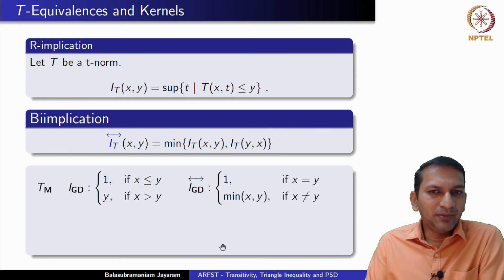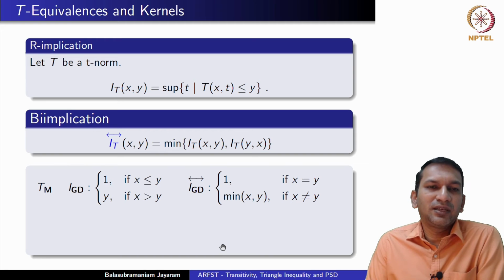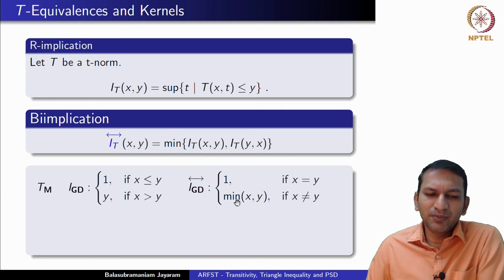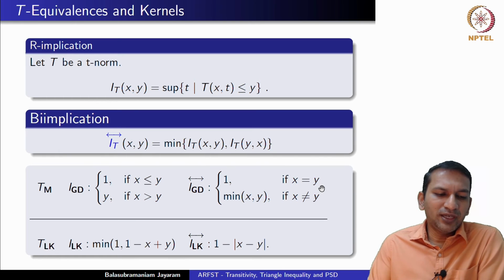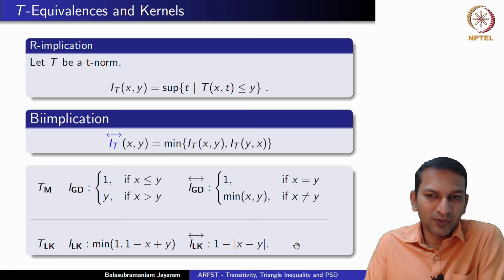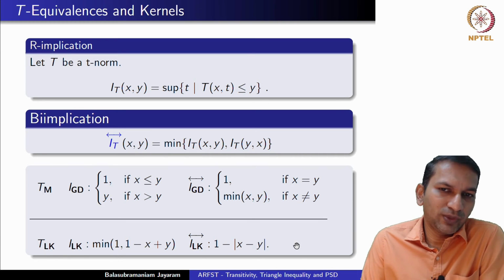If you consider the minimum T-NOC, we know that the corresponding R implication is the Gödel implication and the biimplication obtained from the Gödel implication is almost the minimum function except when x is equal to y it is 1. Rest of the cases it is minimum. If you actually consider the Łukasiewicz T-NOC, then you get the Łukasiewicz implication and what you get here as its biimplication is this function which is 1 minus mod x minus y.